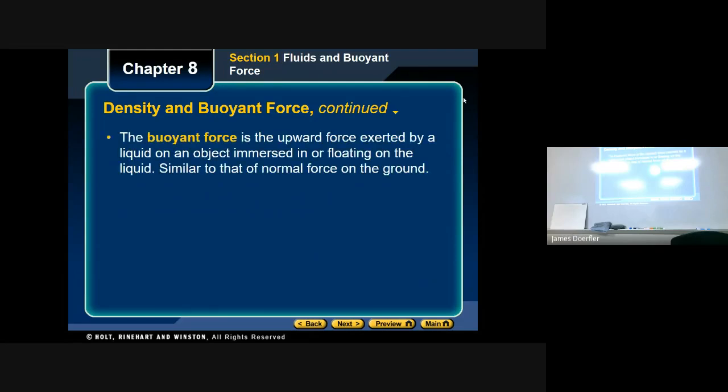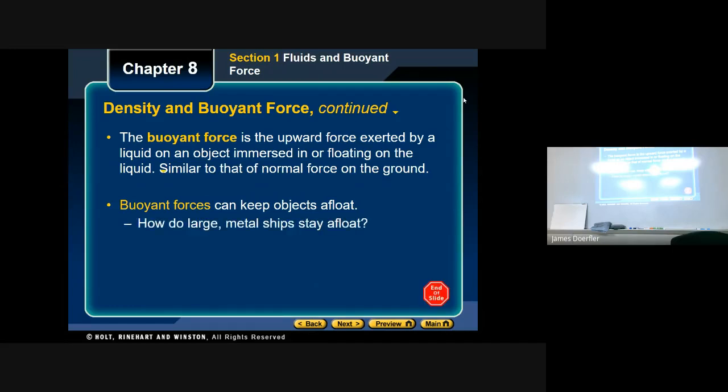The buoyant force, in our case, is the upward force exerted by a liquid on an object immersed in or floating on that liquid. It's very similar to the normal force that we experience while we're on the ground. These buoyant forces are what keep objects afloat.